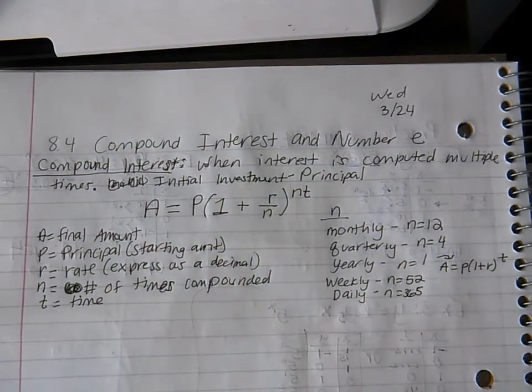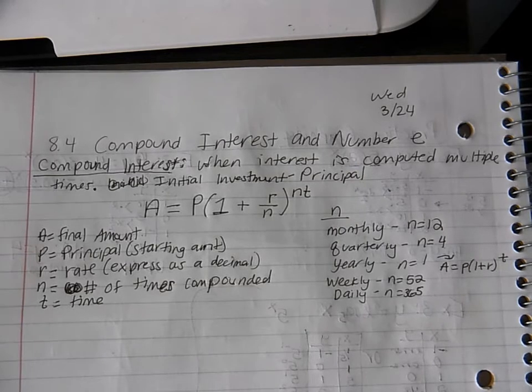So that's the idea. Let's try some examples out so that hopefully we can be ready for the quiz, which is going to have lots of different examples that are very similar like these.